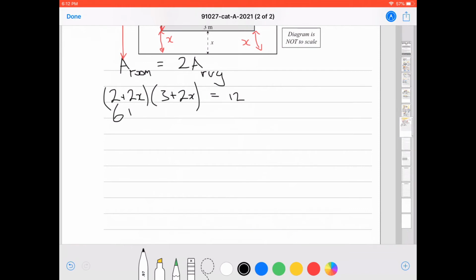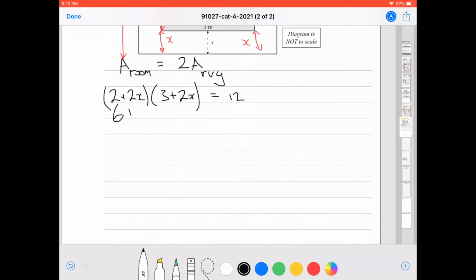Always look for a common factor before doing anything else. We can take a common factor of 2 here, and then just make it easier on ourselves when factorizing this quadratic. So we've got 2x squared plus 5x minus 3 equals 0. Obviously our 2 just cancels.